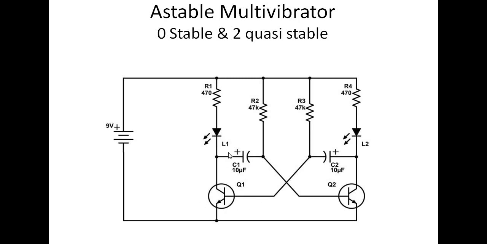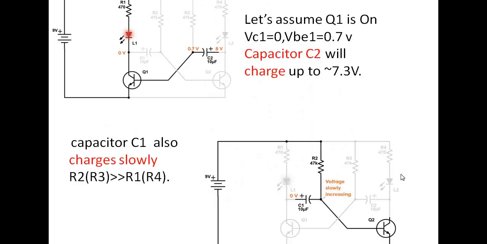Let us assume Q1 is on, right? Let us see what will happen if Q1 is on. If Q1 is on, the base to emitter voltage is 0.7, that's why it is written here. So that 0.7 will be reflected here on one end of the capacitor, right? If Q1 is on, output is 0.